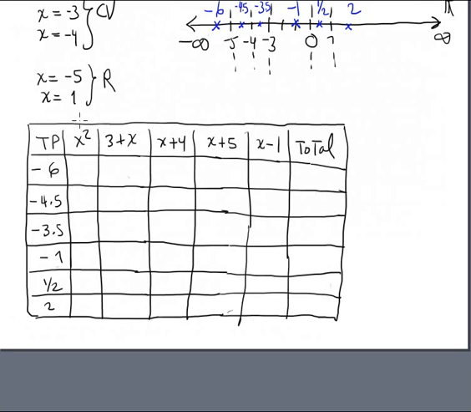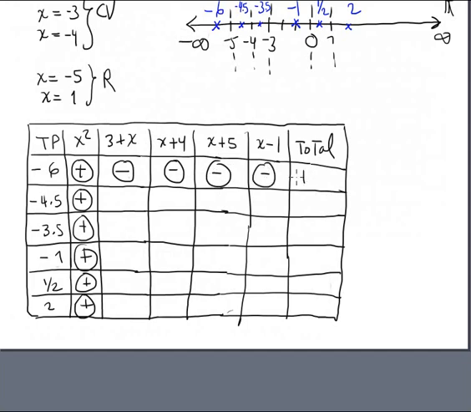Okay, this column is always positive, because it's a square. Let's analyze the rest. This is negative 6. Negative 6 here is minus, here is minus, here is minus, and here is minus.